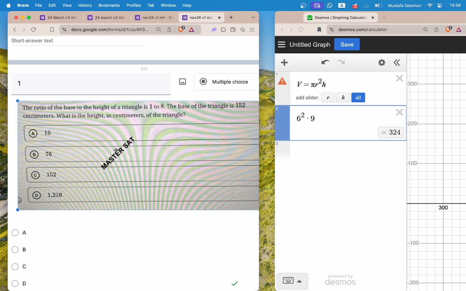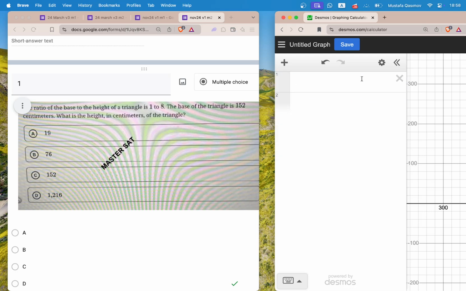Ratio of base to height. Just wait for a minute. Ratio of base to height is 1 to 8. Ratio means division, think of it like this: 1 over 8. 1 represents the base, 8 represents the height.